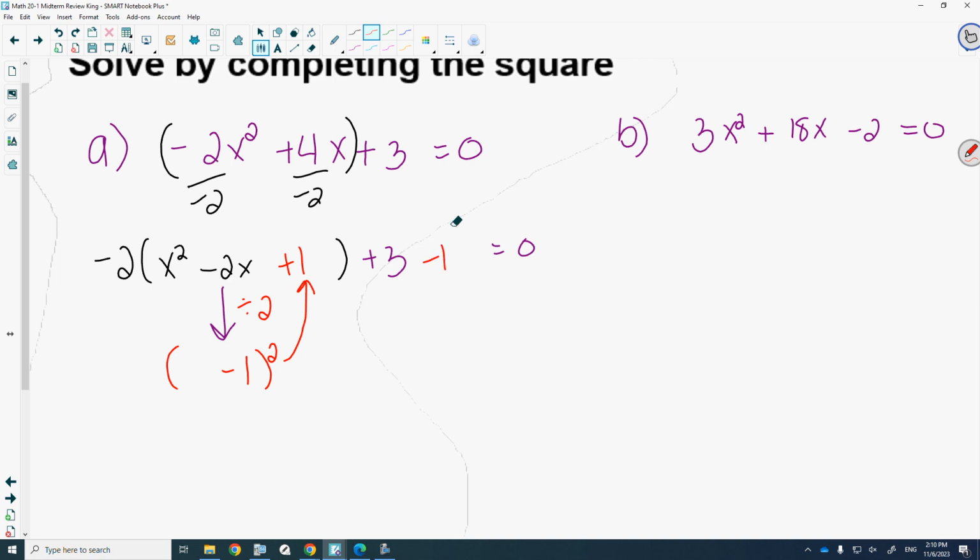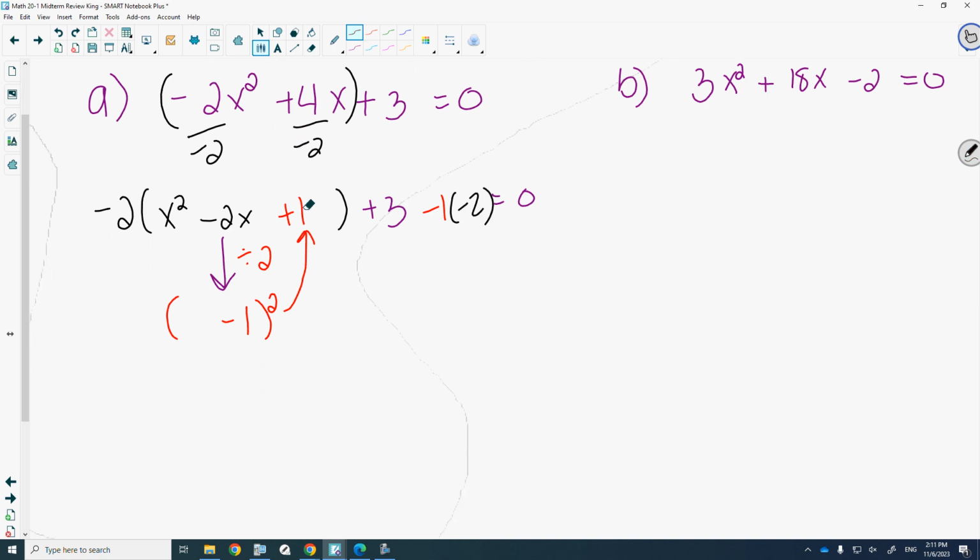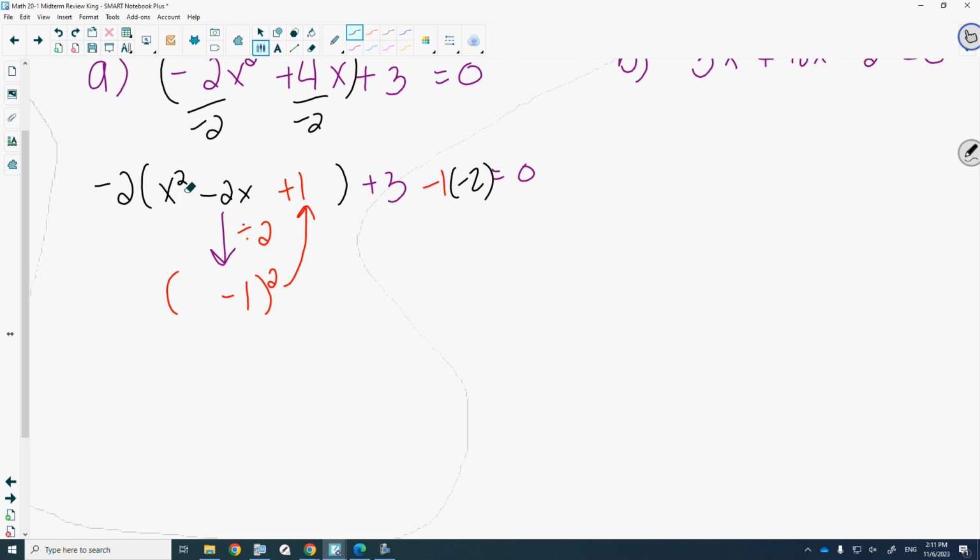Now remember, because we factored out that negative 2, I have to multiply this by negative 2. So I'm going to bring down that negative 2 on my x here, and negative 2 times negative 1 is positive 2, and 3 plus 2 will give me 5. So plus 5 is equal to 0.